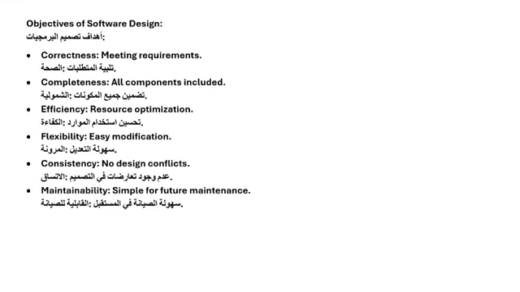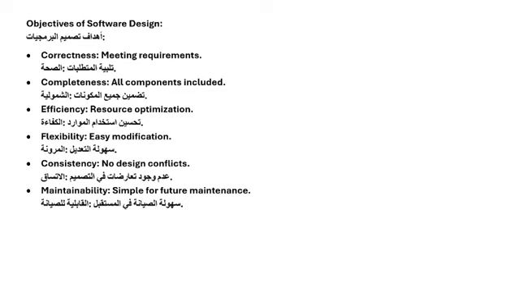So what is the objective of software engineering? I'm sorry, software design. The objective: a software design must be correct. That's the first one. And it has to be complete. It has all of the information and the solution from a structural perspective for developers to start writing the code. It has to be efficient also.